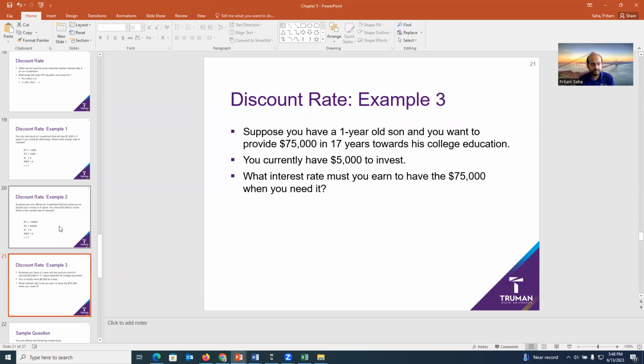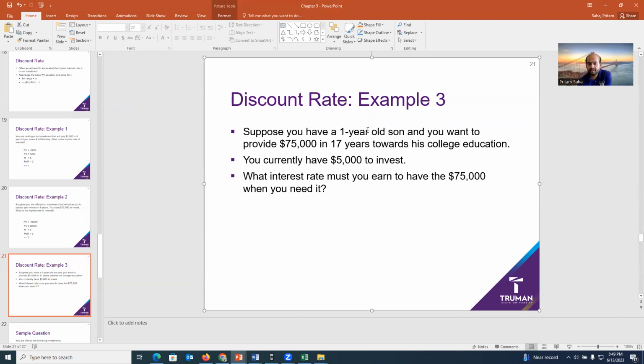Come here, example 3. You have a 1-year-old son and you want to provide 75,000 in 17 years towards his college education. So now he's 1 year old, but 17 years from today, you want to put 75,000.